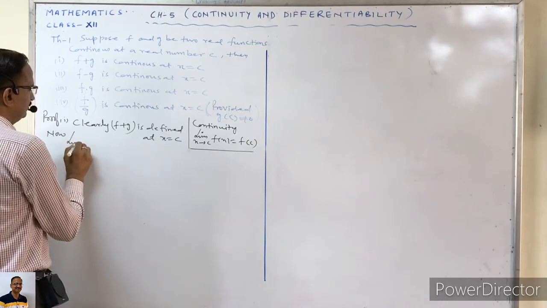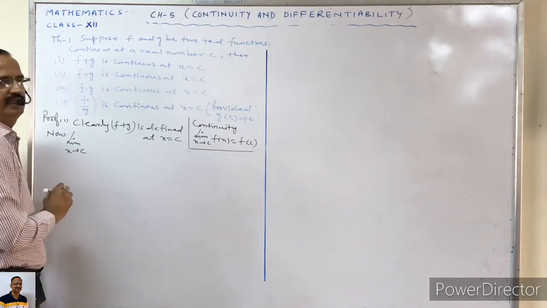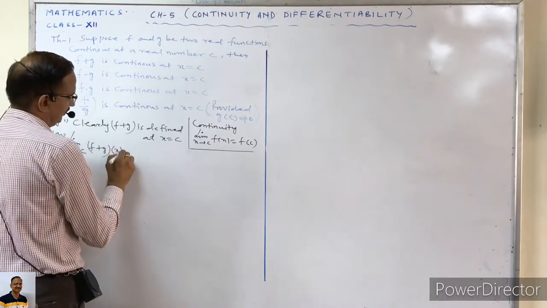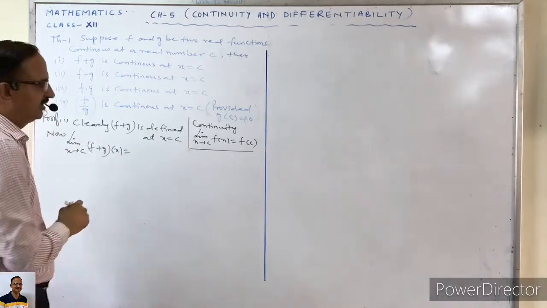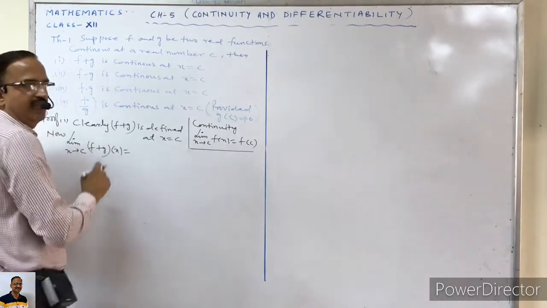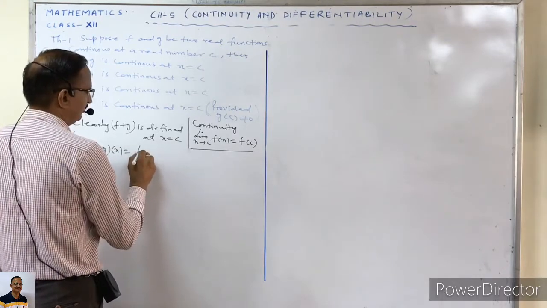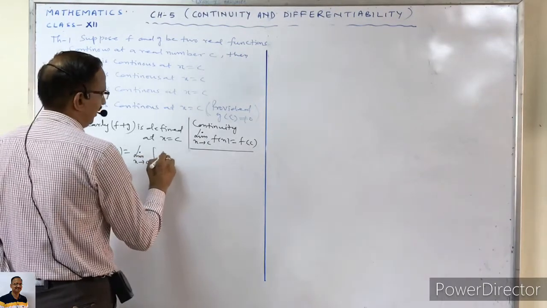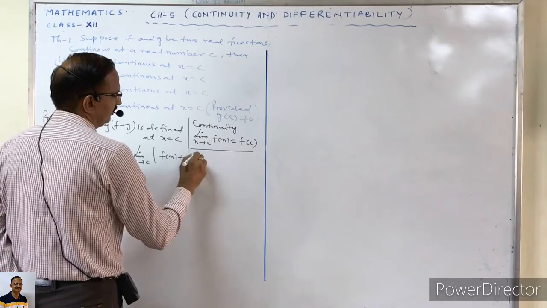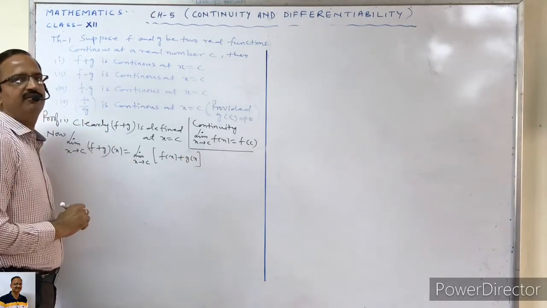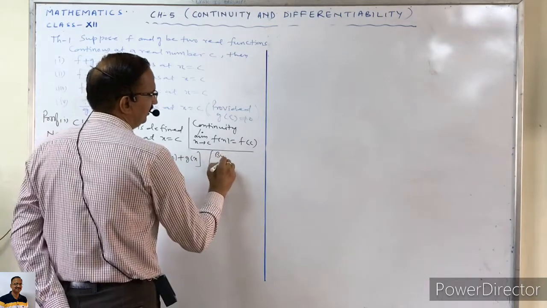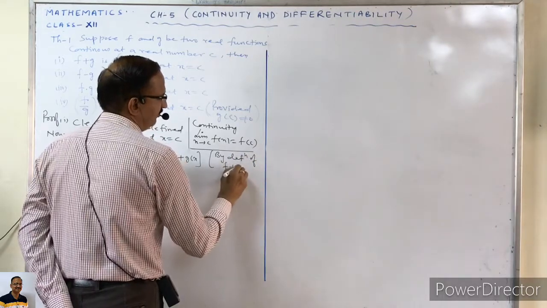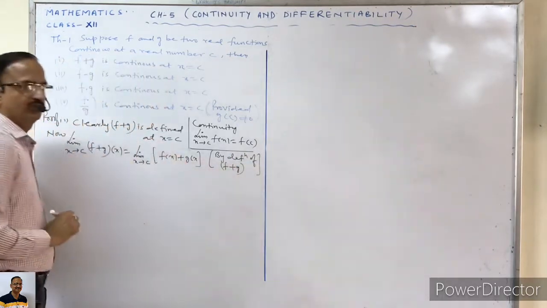Now, limit x tends to c, (f plus g)(x). This is by definition. So we can write this as limit x tends to c, f(x) plus g(x). This is by definition of f plus g. Okay.